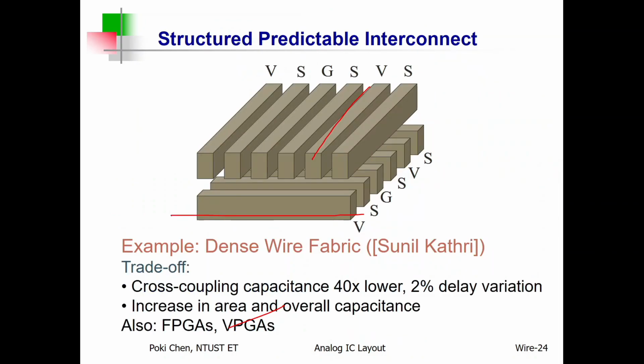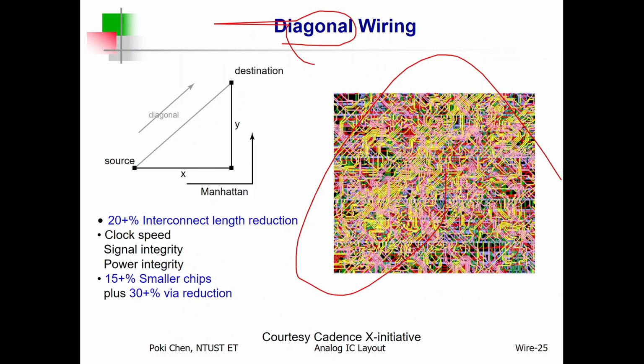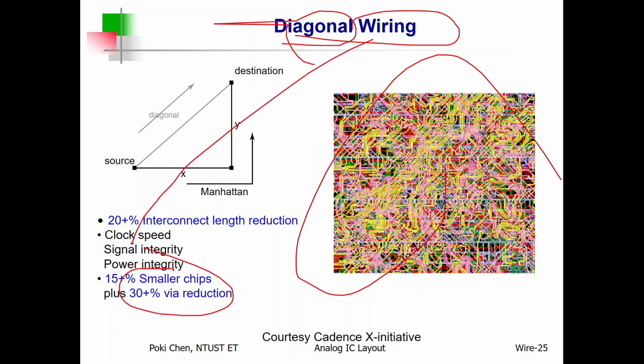If you limit the EDA tools to an orthogonal layout for wires, then you need some more area for the same connections. With diagonal wiring, EDA tools can help you reduce the required area.